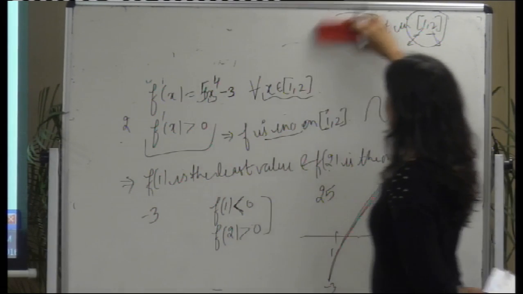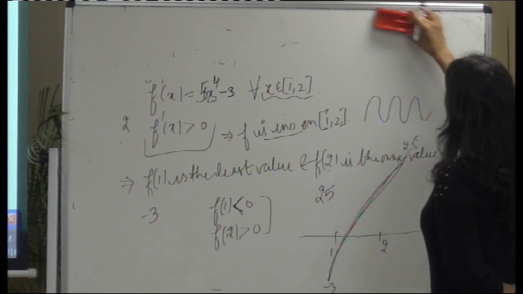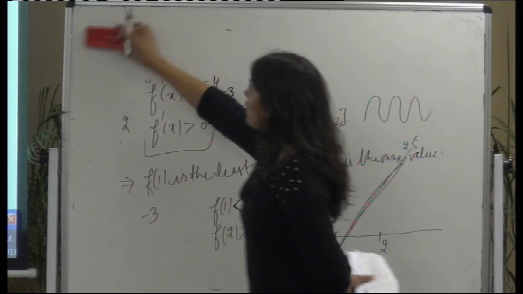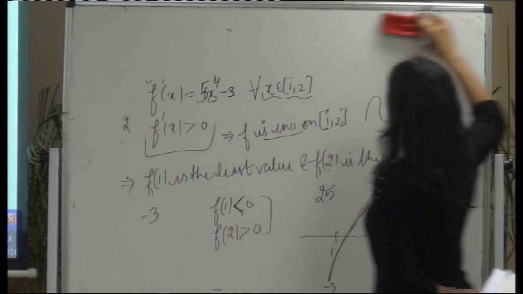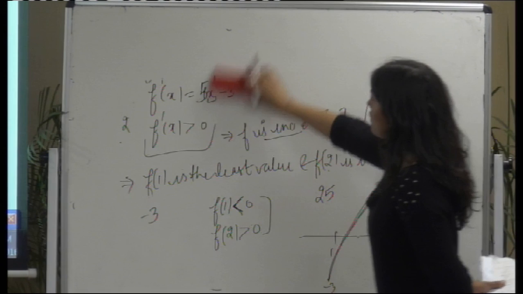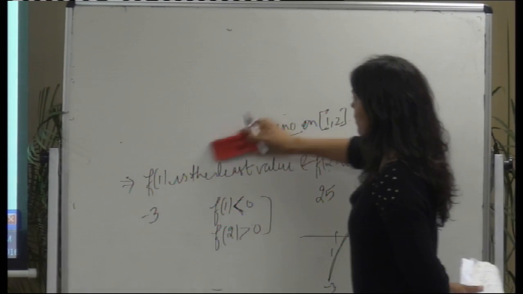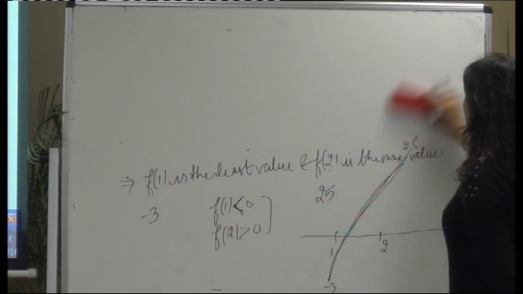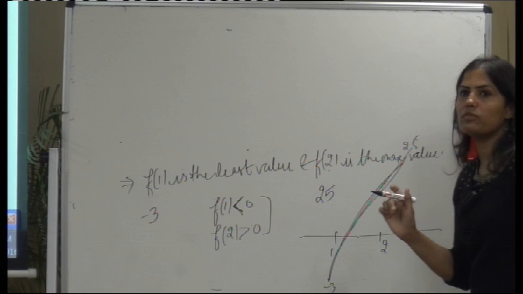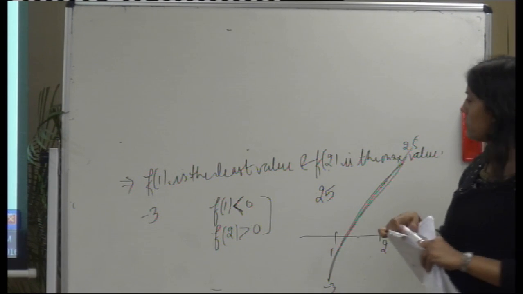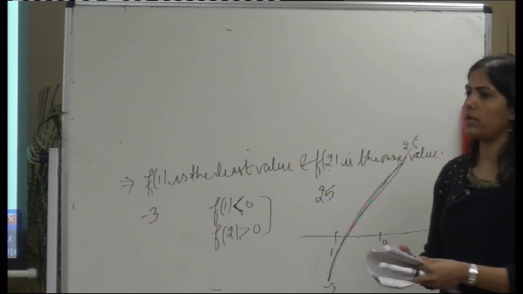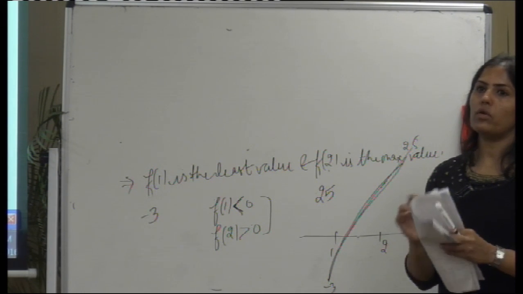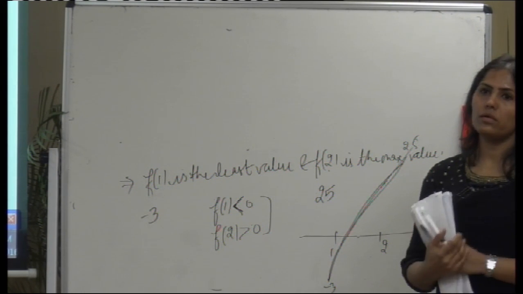Sin x graph, you know. Draw the graph. There the problem is, why is such a condition not happening? Why are we not getting unique roots within the interval?